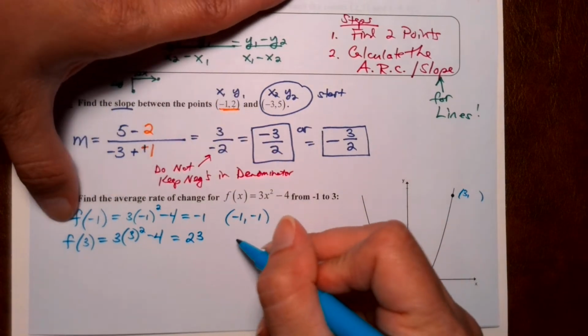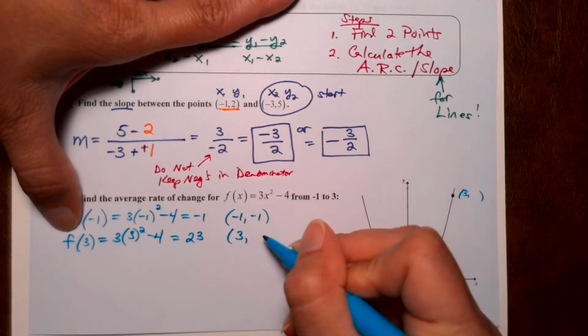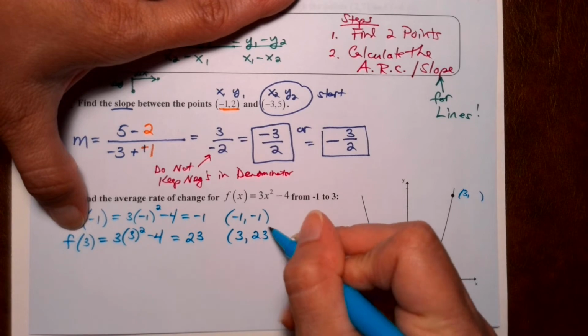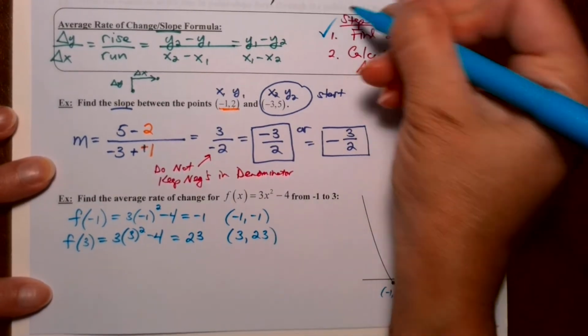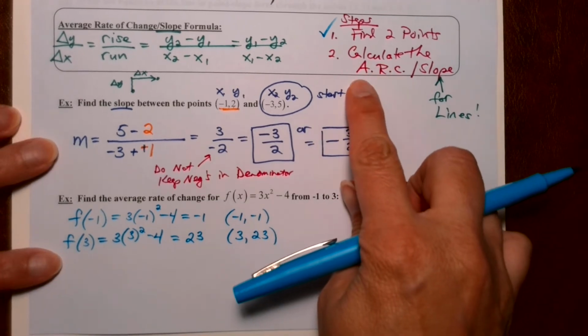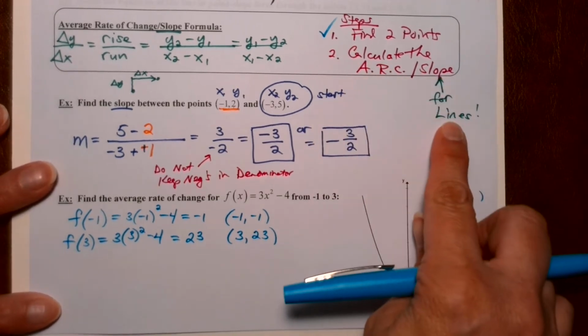So I just found the second point to be 3 comma 23. So step 1, find 2 points. Check. Step 2, find the average rate of change, or in other words, the slope.